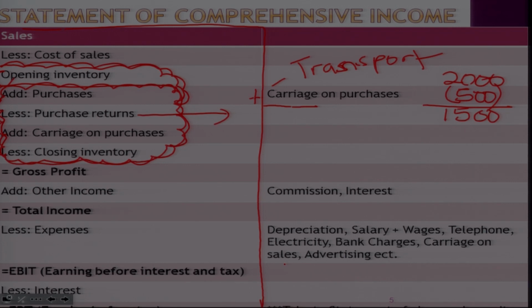Then sales, less cost of sales. So let's call sales 1. Cost of sales 2 will equal your gross profit, which is number 3. Then you're going to add other income. Now other income is income that you get, but it's got nothing to do with your business. So if you are selling handbags, right? Getting commission has got nothing to do with handbags. Let's say you're getting commission on a property, right?